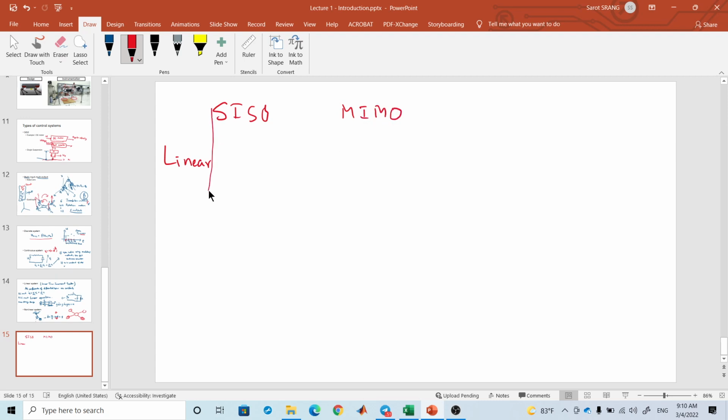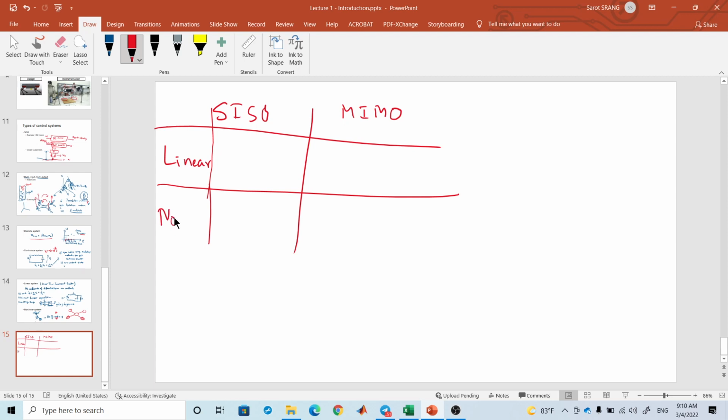If I make a table like this, with nonlinear as the other column, then for control theory one, you will look at here only. Maybe at the end of the lecture we look at a little bit here, just a little bit.